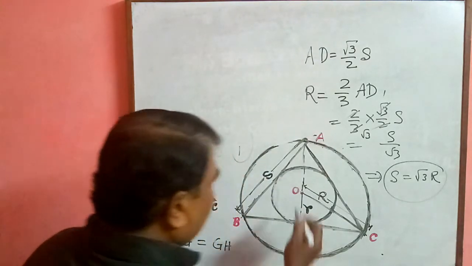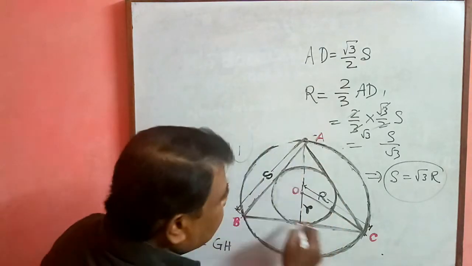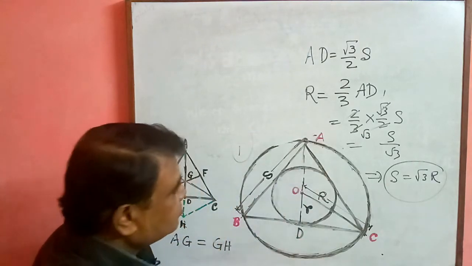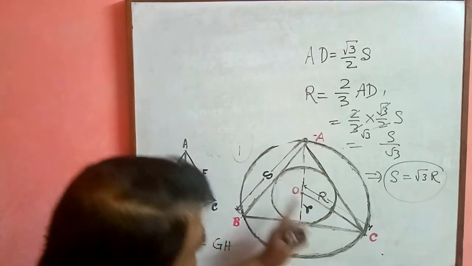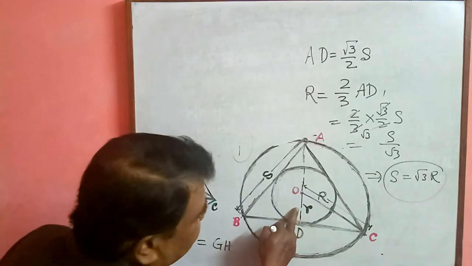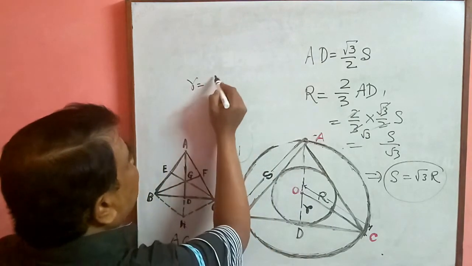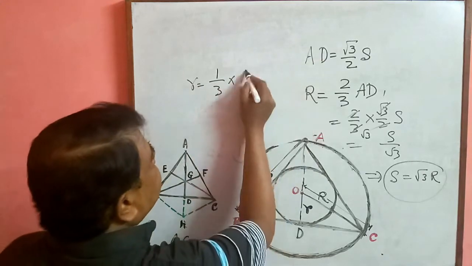Similarly, for the circle inscribed by the triangle, we can find the radius of the smaller circle. The centroid divides in the ratio 2:1, so r is equal to 1/3 into AD.